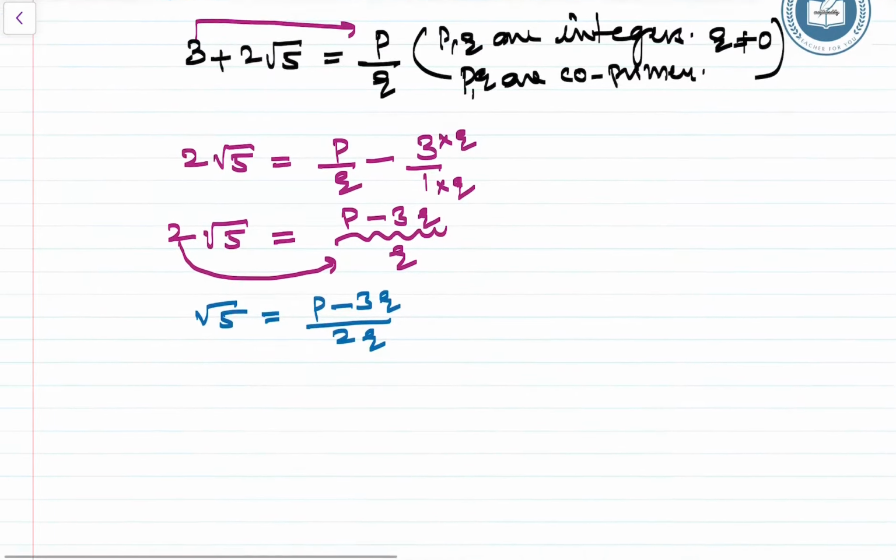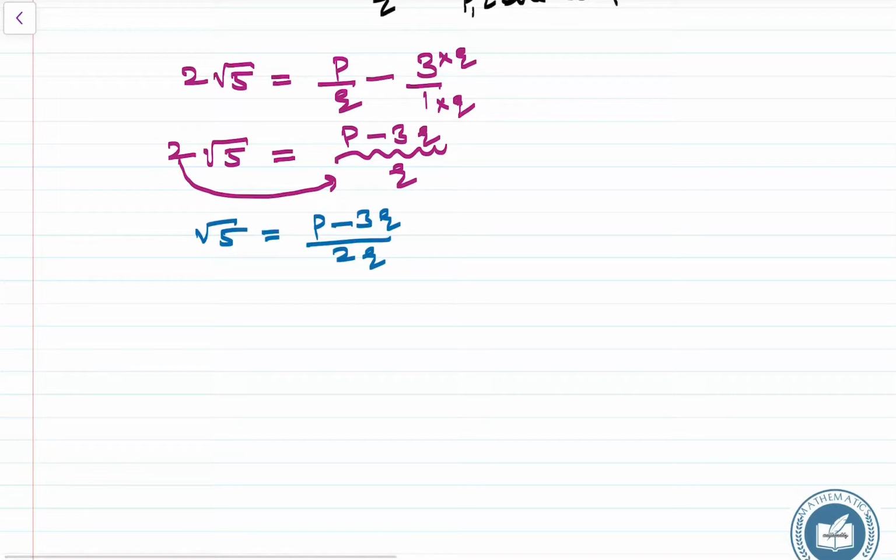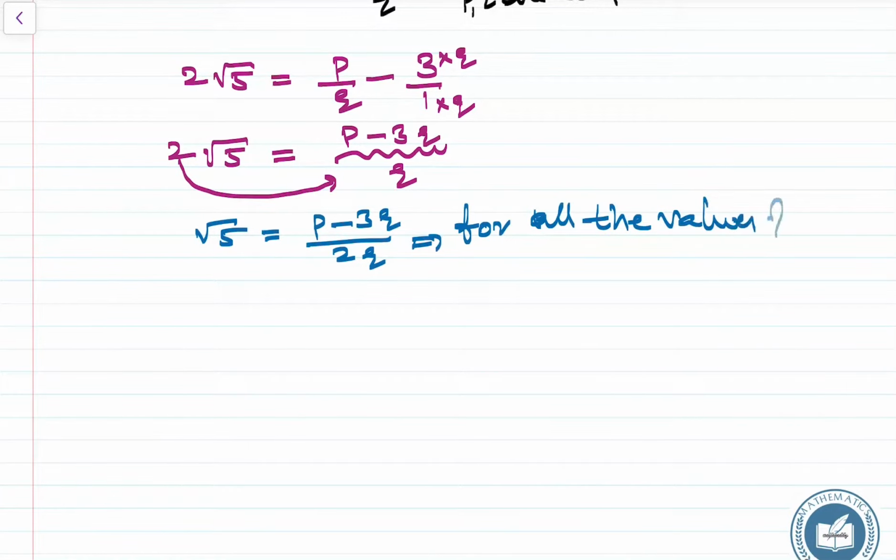So here you see in the right hand side, for all the values of p and q, p minus 3q by 2q becomes rational.